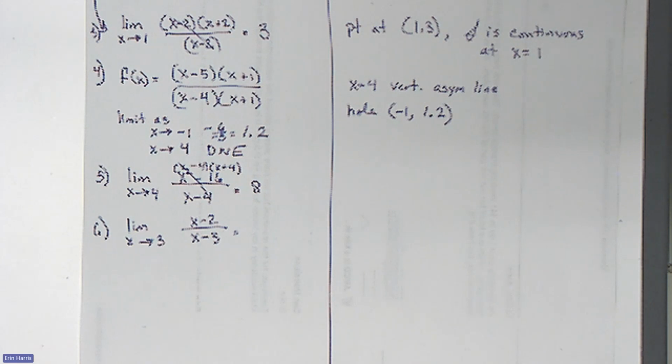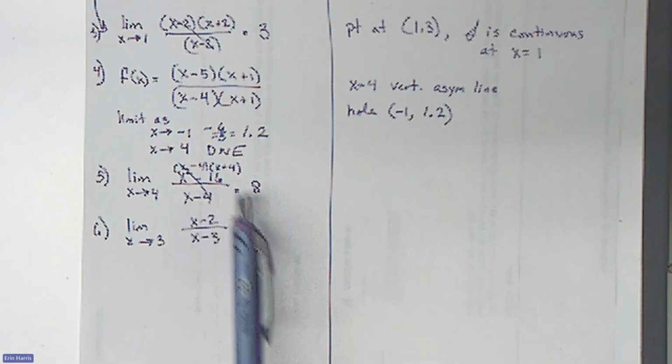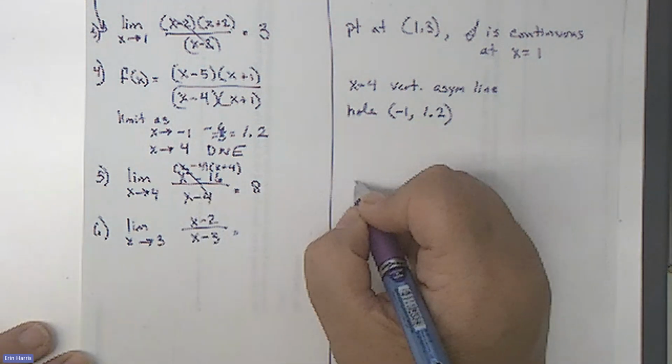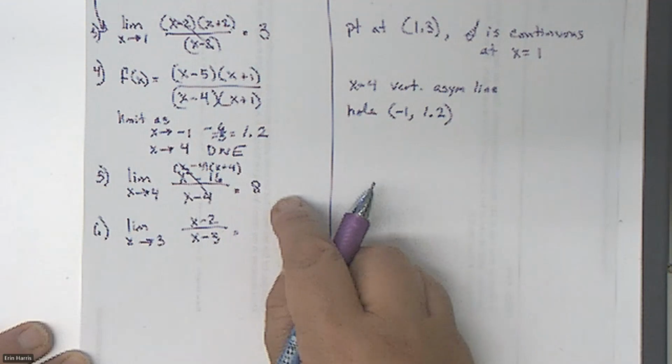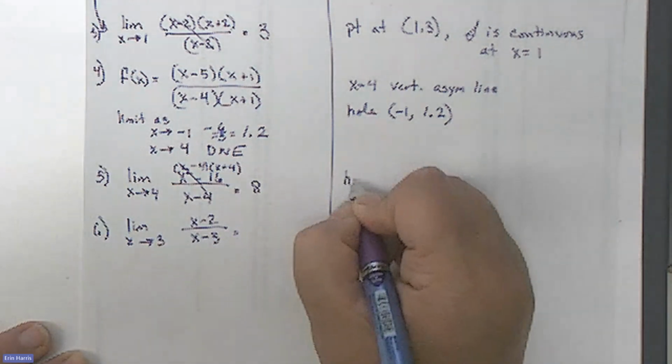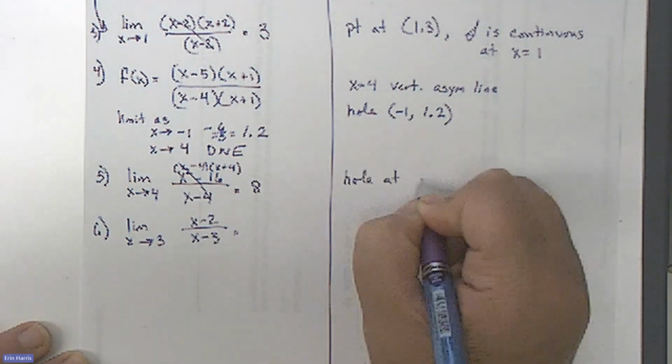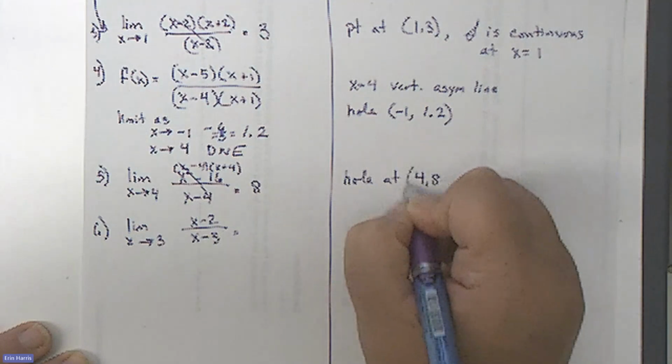Nothing's going to cancel. What do you think there is at x equals 3? Well, first of all, what's happening here when x is 4? What do I have at x equals 4 in number 5? A hole, right? So I have a hole at (4, 8).